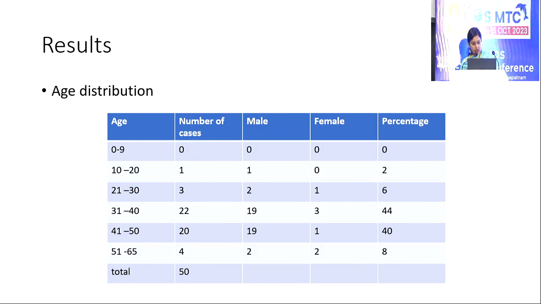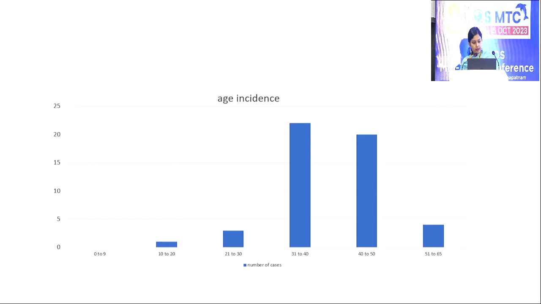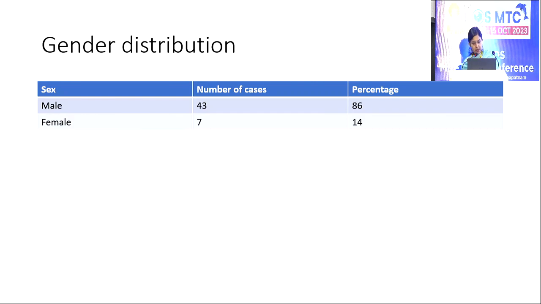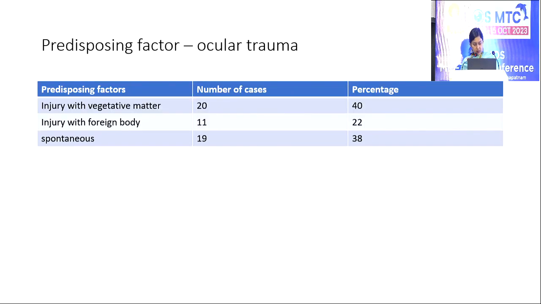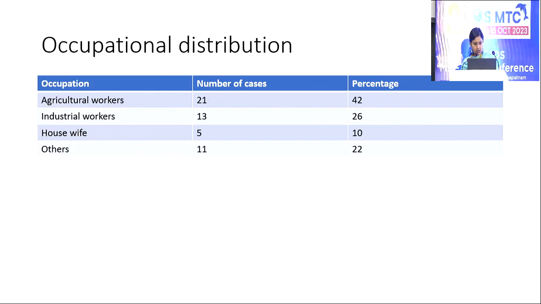Coming to results, age distribution: majority of the chunk is seen in 31 to 40 years, followed by 41 to 50 years. This is the representation of the age incidence. Gender distribution: majority, 86%, is seen in male, followed by 14% in female. Predisposing factors, coming to ocular trauma: 40% is seen with injury with vegetative matter, followed by 38% which is spontaneous, injury with foreign body is 22%.